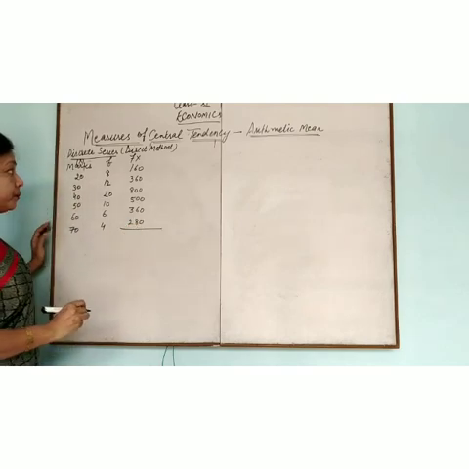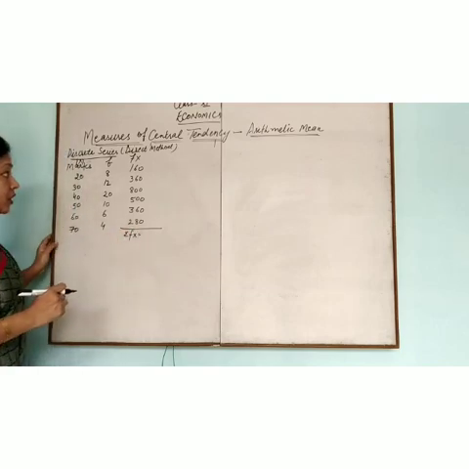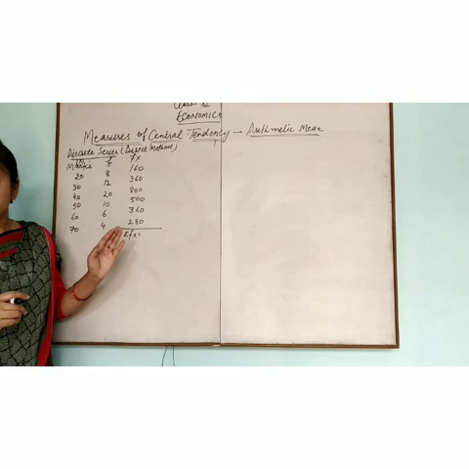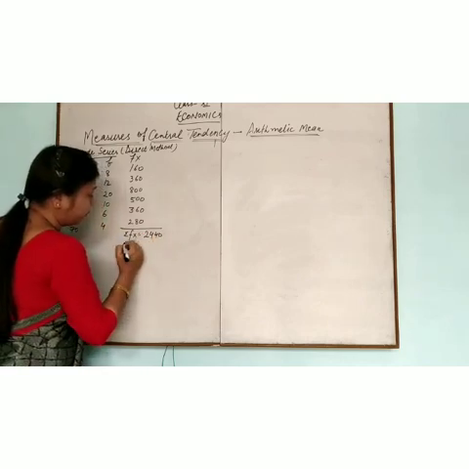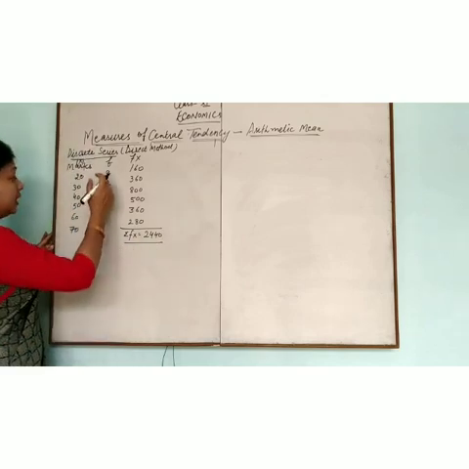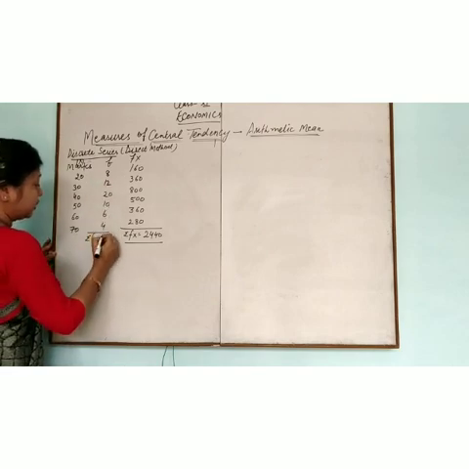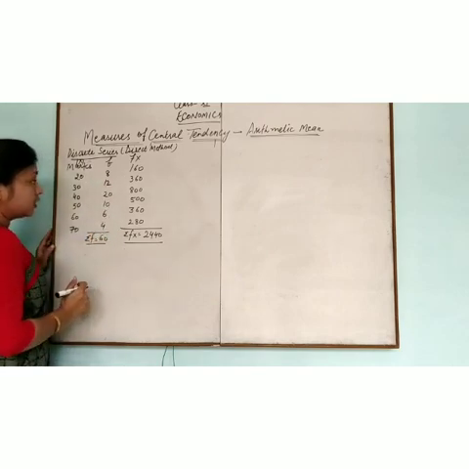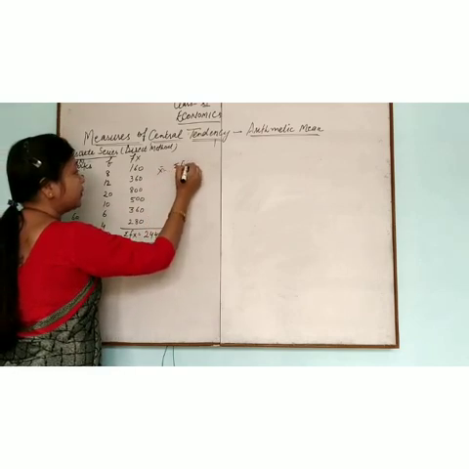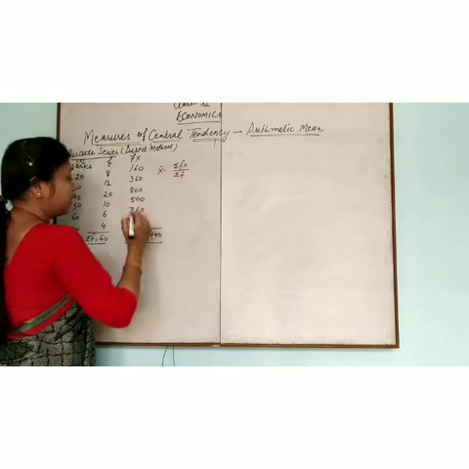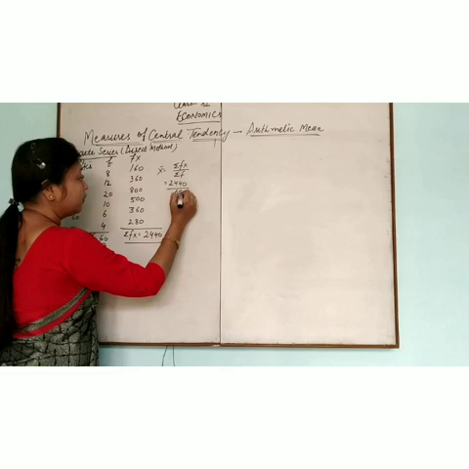In the second step, we will do the sum of these values, that is summation fx. The sum of these values is equal to 2440. And the total of frequency is 10, 20, 40, 60. The total of frequency is 60. So x bar is equal to summation of fx upon summation of f, that is equal to 2440 divided by 60.